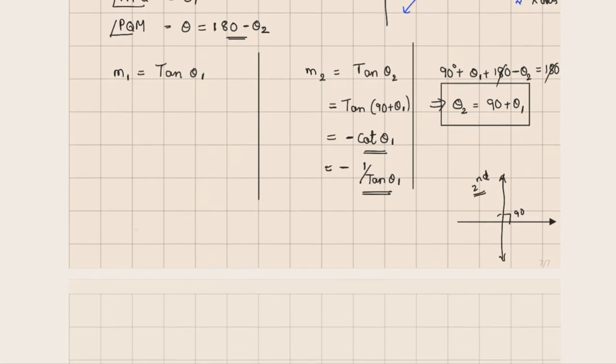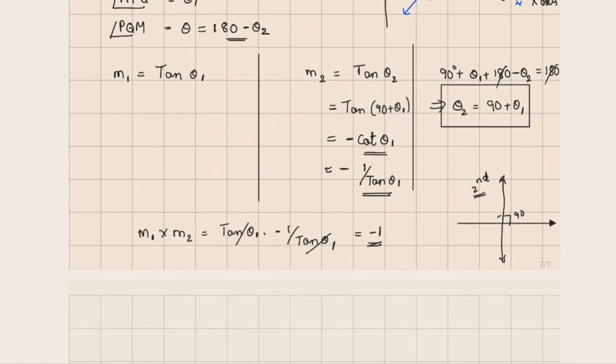So if you multiply M1 and M2, M1 into M2 is equal to tan theta 1 into minus 1 over tan theta 1. So tan theta 1 and tan theta 1 cancel, which gives minus 1. A good result.